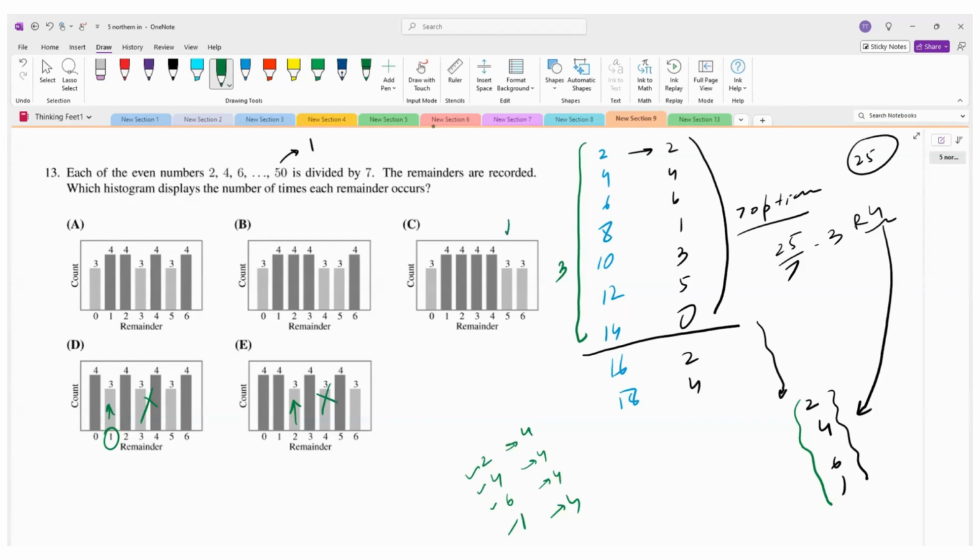Let's examine this one, 2, 4, 6, 1, 4, 6. 6 has 3, so discard that. This one, 4 has 3, discard that. So this should be the correct answer. And look at that, 1, 2, 4, and 6 all have 4 entries for those respective remainders. That's how we can narrow down our answer as A.